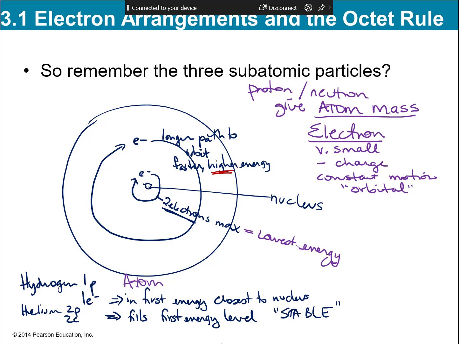If I have an electron going like this in 1 second, but this electron has to go all the way around like this in a second, do you see that the outer one would have to be going faster to make that same loop? So the further from the nucleus, the faster those electrons have to move, the higher energy they're going to have.